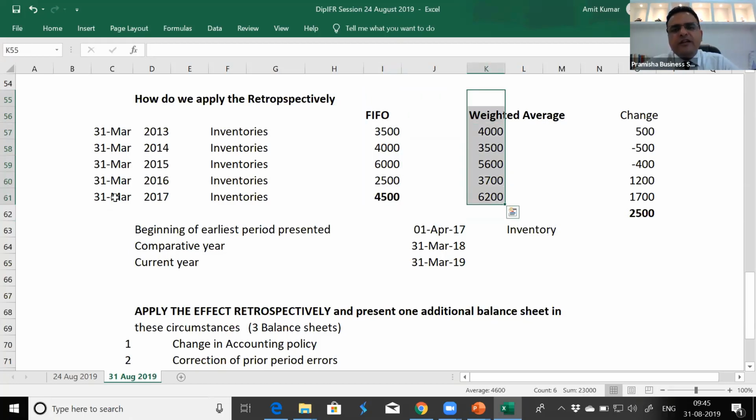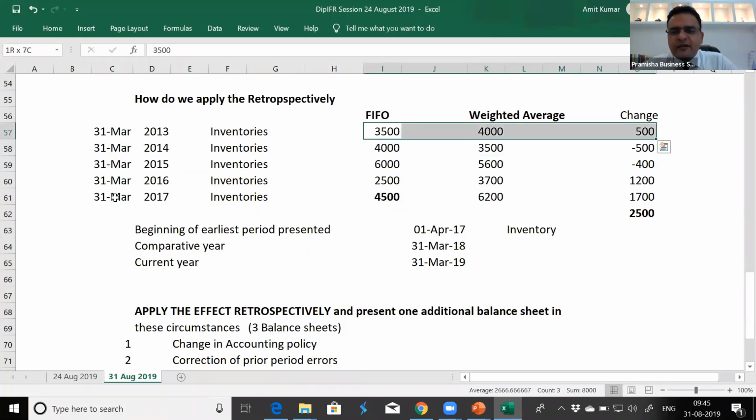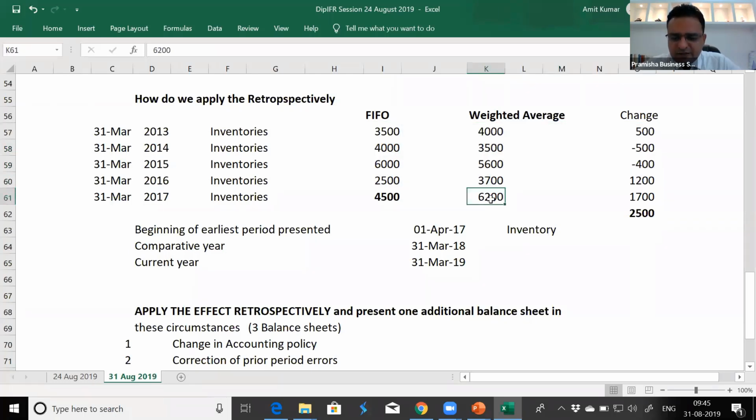But we need to bring in the cumulative effect till date and present it as part of the beginning of the earliest period presented, because these have gone unrecorded. If I directly take the value of the 6200, this may have gone unrecorded. So if I value now inventory, I can directly take 4500 plus make an adjustment of 2500 and I'll get the value of inventory which is bringing in the cumulative effect.